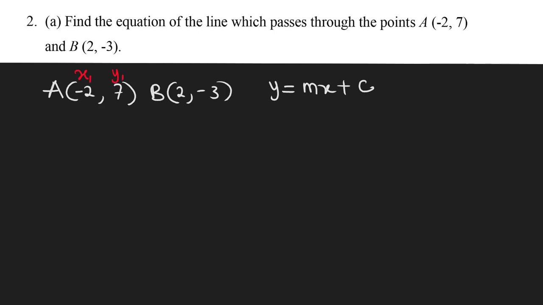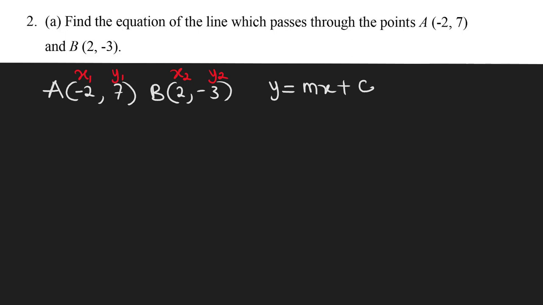Whenever you plot a graph of a linear equation, you find that we have the coordinates. So for these coordinates, the first one is usually x1 and the second one is usually y1. Then in B, this one will be x2 and this one will be y2.